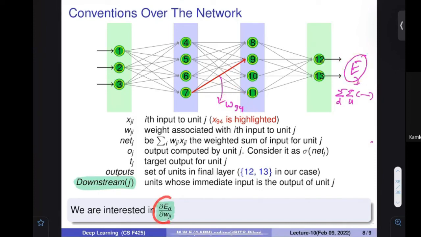Then you can modify the weight by saying W94 equals W94 minus eta times del E upon del WJI. This is how we are going to do it. Any questions on that?